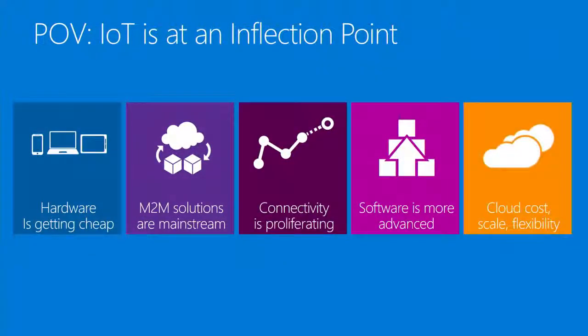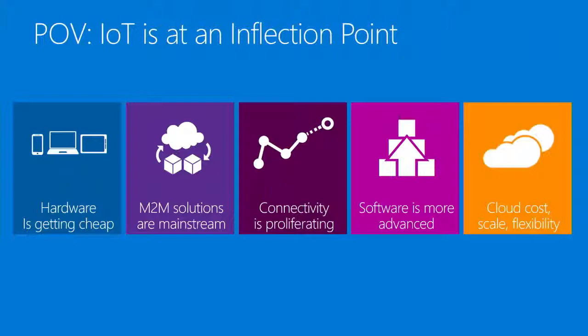Okay, an architect's perspective. Our point of view is that IoT is at an inflection point right now. And I don't know if it's going to go down that trough of disillusionment. I feel that that's up to all of us as a community to help figure this out. Maybe we continue on an accelerated curve. We'll see. Maybe achieve those large numbers that Gartner was publishing. Hardware is getting cheap, certainly.